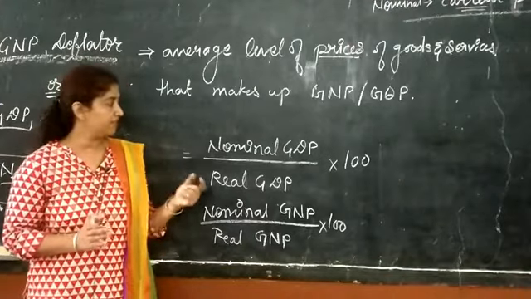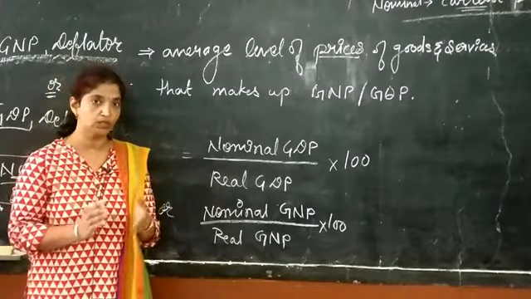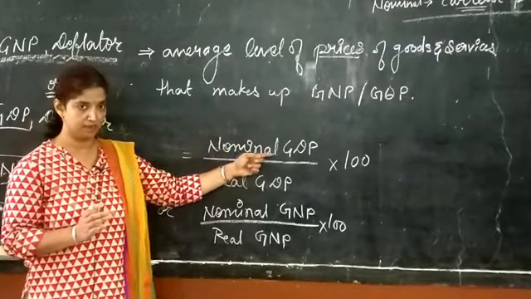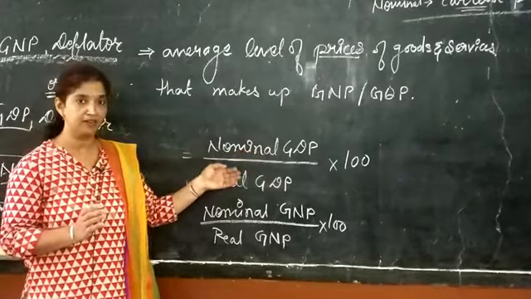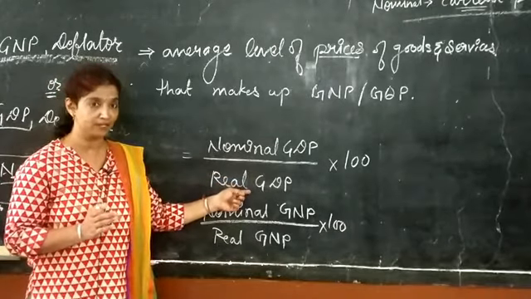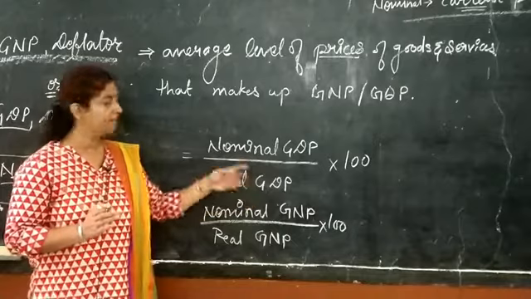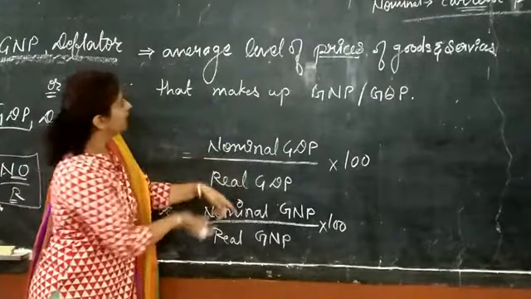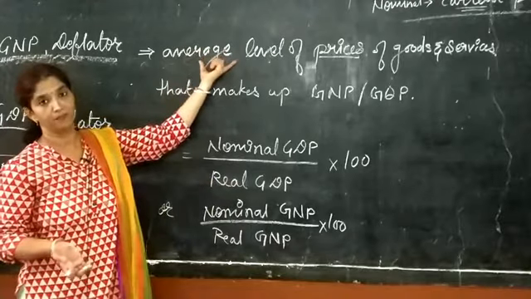When we take these values on the basis of the current year, it is called nominal GDP, and when we take the market value of goods and services at constant prices or base prices, it is called real GDP. And when we take the ratio of nominal and real, it gives us the average level.